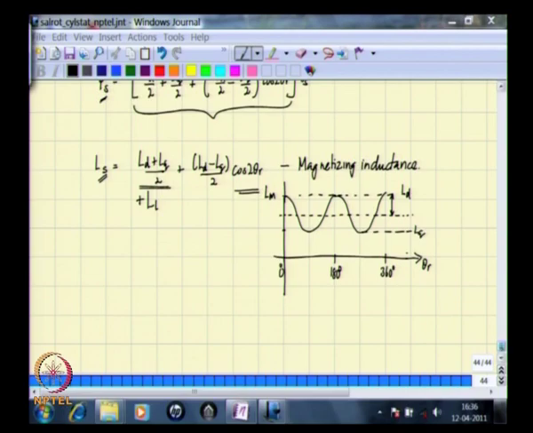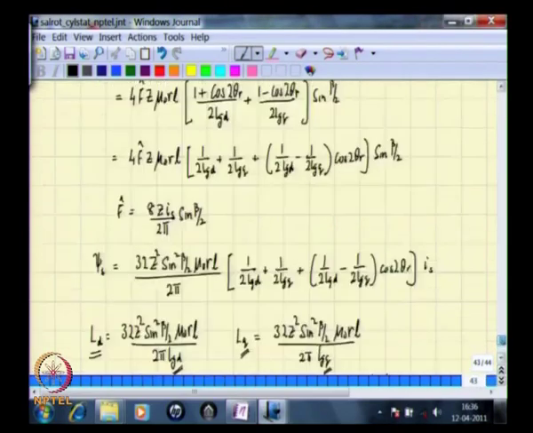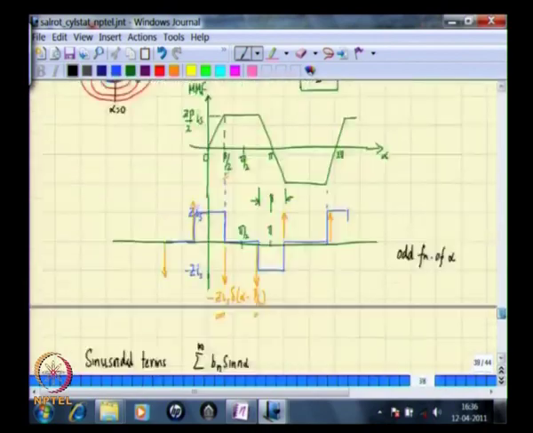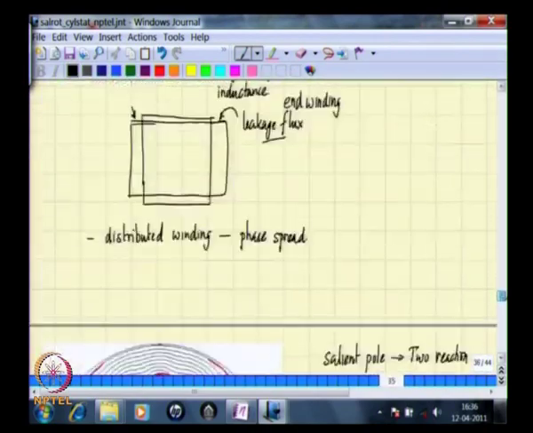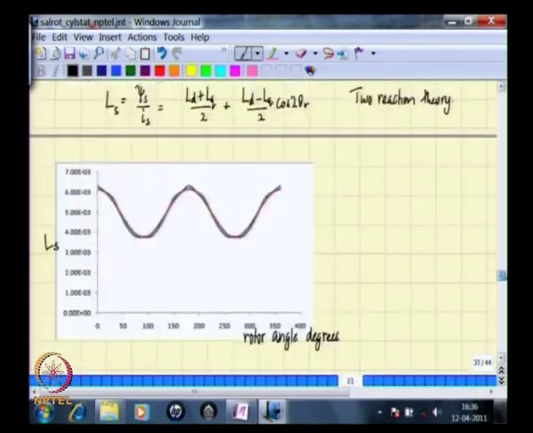Now, if we look back at the plot obtained through finite element study for a particular winding, we saw again a similar distribution from 0 to 360 degrees. You see that there are 2 cycles of variation, therefore, there must be a cos 2 theta term and a mean term, and the expression is as what we have derived.